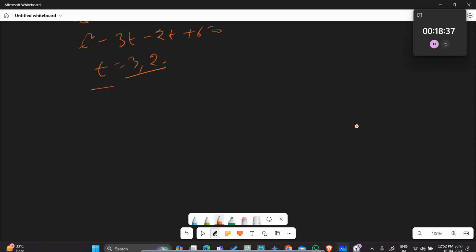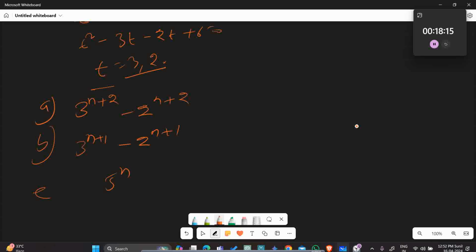This is not the case. What we are doing is a short trick for this. We are focusing on the options. A is 3 to the power n plus 2 minus 2 to the power n plus 2. B is 3 to the power n plus 1 minus 2 to the power n plus 1. C is 5 to the power n. D is 3 to the power n minus 2.